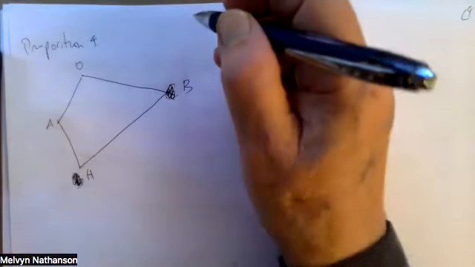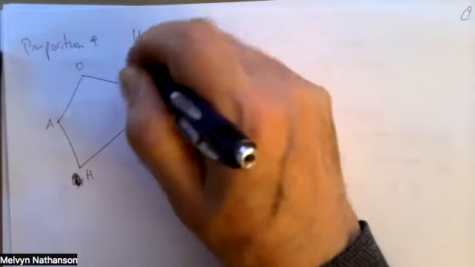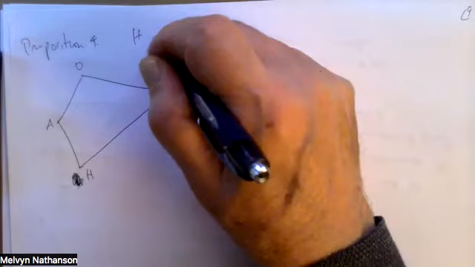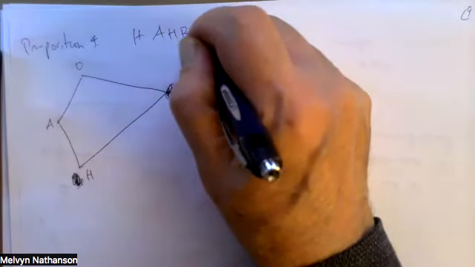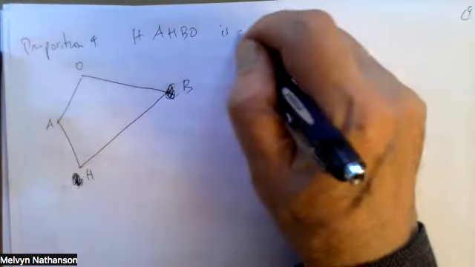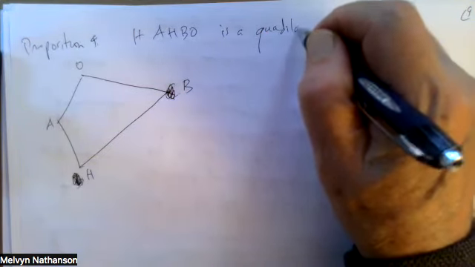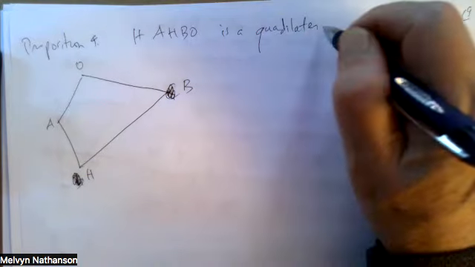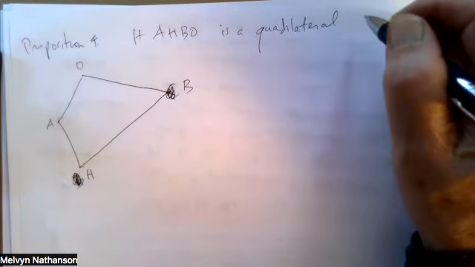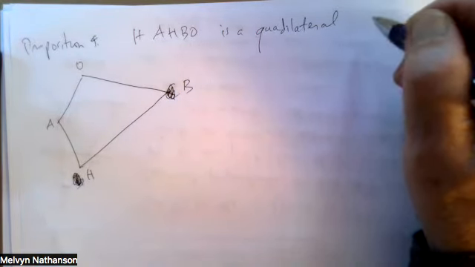So I have a quadrilateral AHBO. Quadrilateral, 4 sides, is any figure with 4 edges as its side.